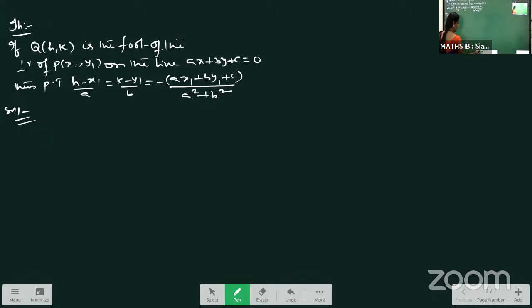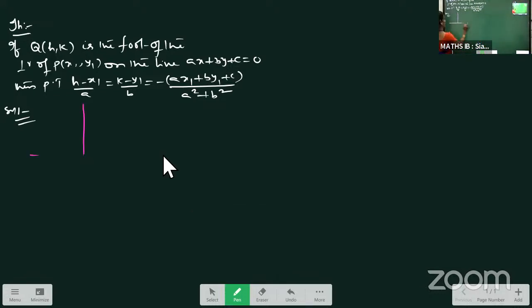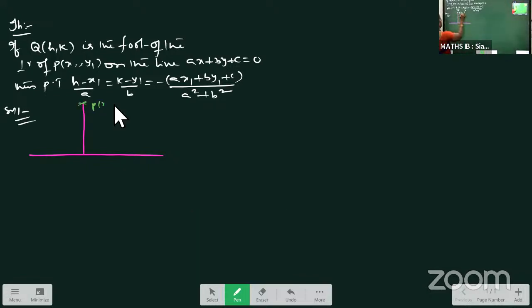First, you draw the diagram for this. This is your P(x1, y1) and this is your Q(h, k), and the line ax + by + c = 0 is this one.